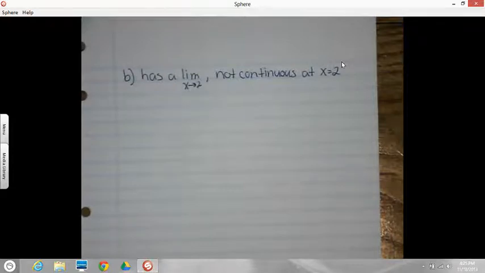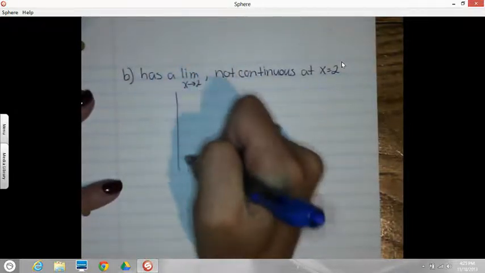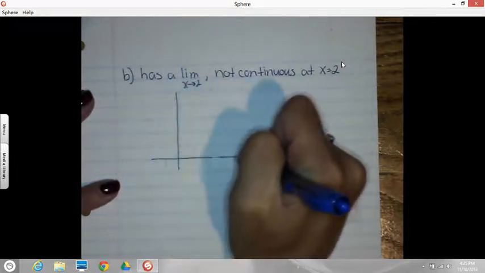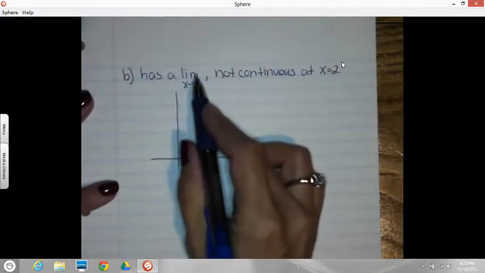So that means we're going to have to put a hole in this graph. So here we go. Here's x equals 2. I don't care what the y is. It didn't say anything about what the limit had to be, what I had to approach.